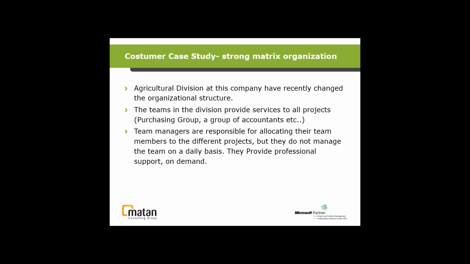So they'll go ahead and say, Joe, you're assigned to project X for 60% of your time. And then 40% of your time you're supposed to be working on a different project. So in this example, the team managers have the role and responsibility of telling their resources what they're supposed to be doing project-wise, but when it comes down to the tasks and planning them out, they are actually not involved.